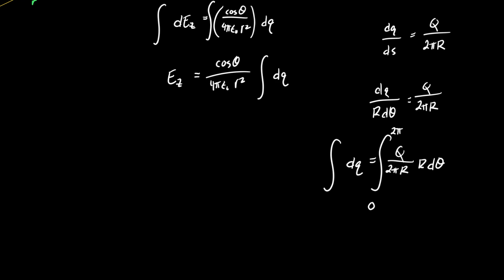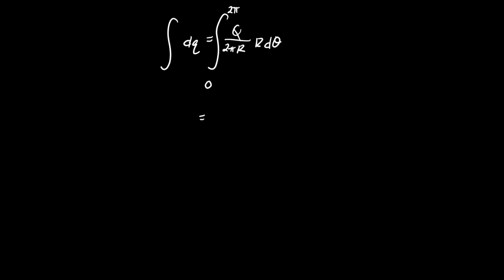If we look at it, again, let's take out all the things that don't change. There's several things here that don't change. Does Q change as I go from one angle to another? No. Does 2 pi change as I go from one angle to another? No. And I can just go ahead and cancel out the two r's, right? Leaving me with the integral from 0 to 2 pi of d theta.